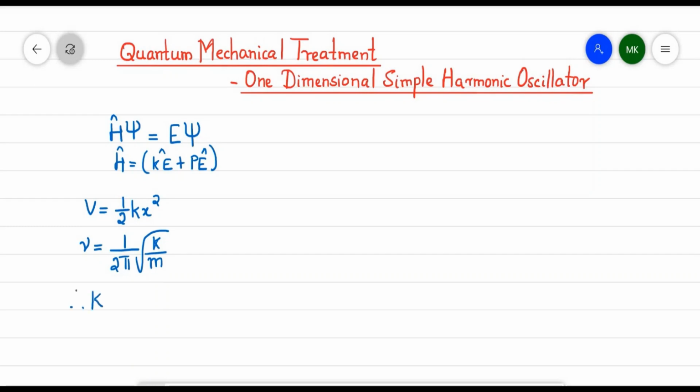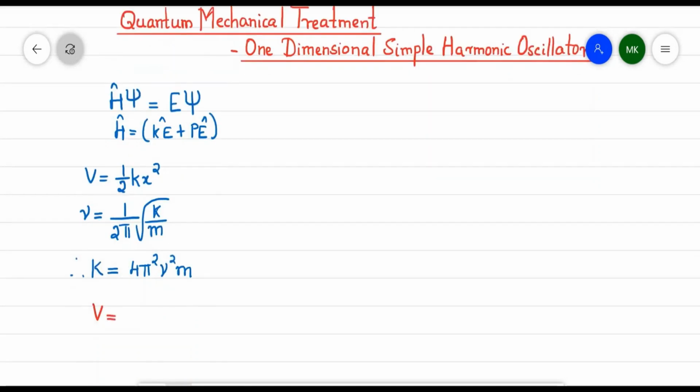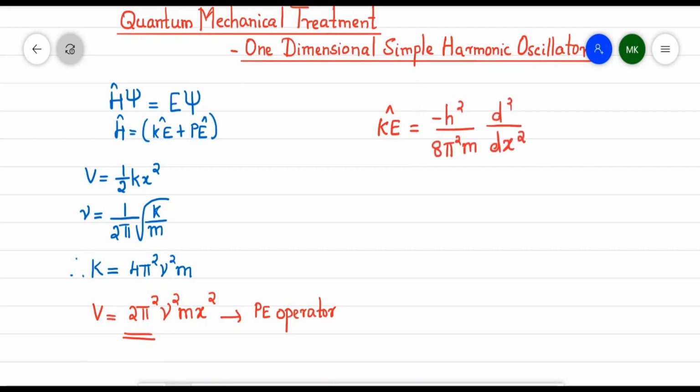Therefore, k equals 4 pi square nu square m. Substituting the value of k in V, we get V equals 2 pi square nu square m x square. This is the value of the potential energy operator. The kinetic energy operator is given by minus h square by 8 pi square m d square by dx square.